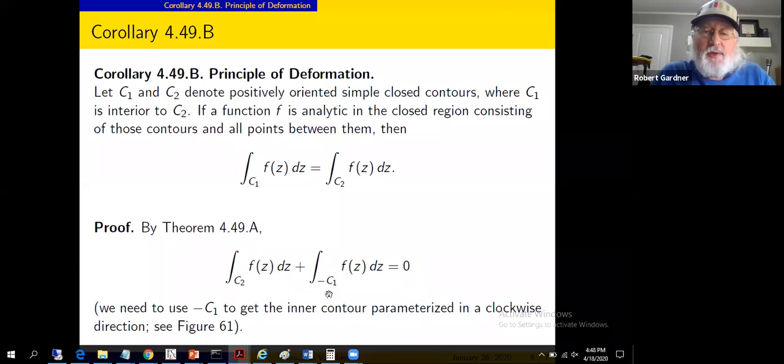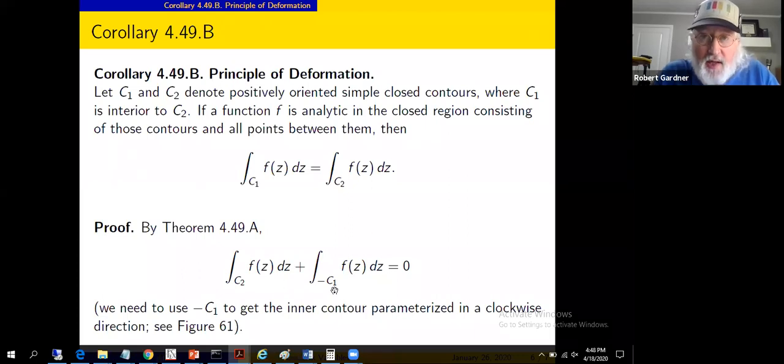And interior to it, in theorem 4.49.a, we wanted little contours inside that were negatively oriented, that were oriented clockwise. Well, that ain't what we got for c sub 1. C sub 1 is interior to c sub 2, but it goes the wrong way.